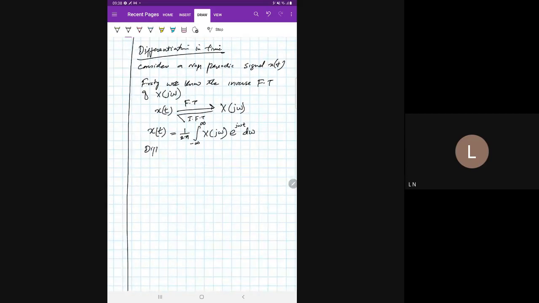Now if we differentiate the above equation on both sides, we have d by dt of x of t equal to 1 by 2 pi integral from minus infinity to plus infinity X of j omega, then the differentiation of e raised to power j omega t with respect to t, which gives j omega e raised to power j omega t, then d omega.